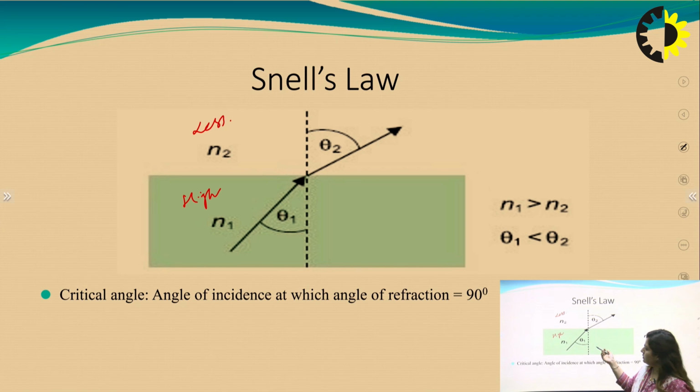You can see that the light is incident at an angle theta 1 and is refracted away from the normal in the rarer medium, making an angle theta 2. When you increase the angle theta 1, the refracted ray becomes parallel to the interface between the two dielectric media, and when you increase theta 1 further, it gets reflected back into the originating medium.